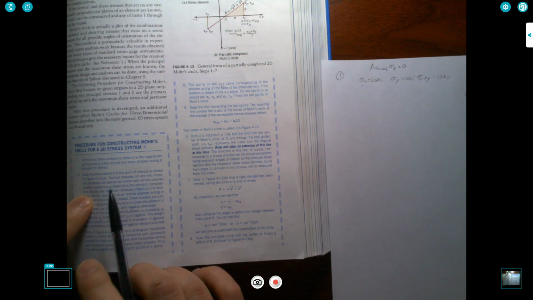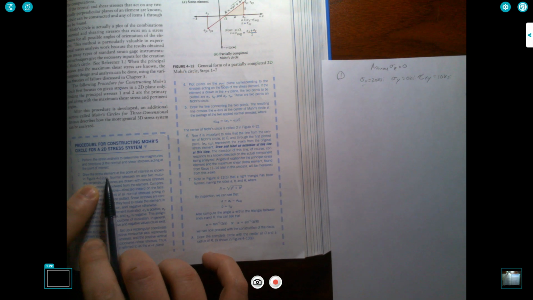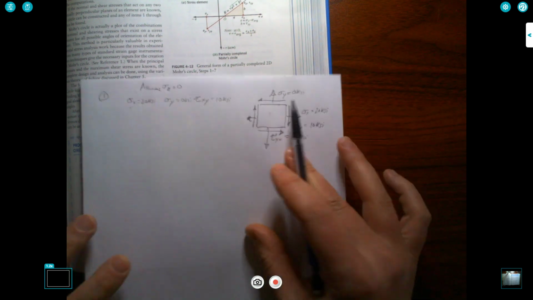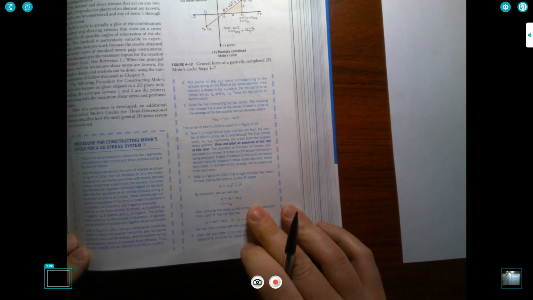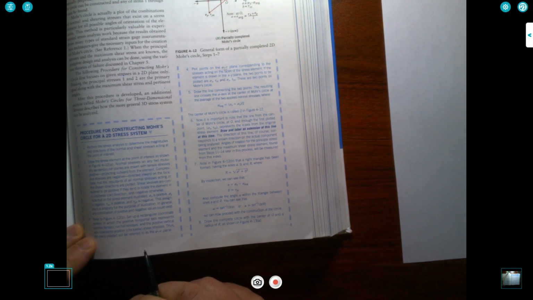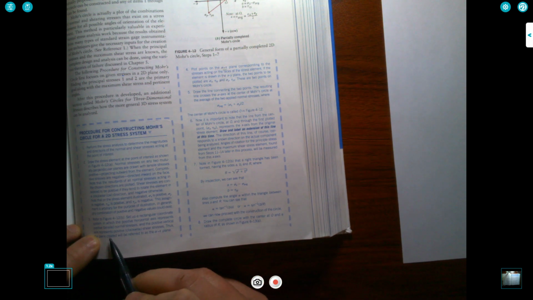Following the problem, we want to draw the shear stress element, and we are done with that, right? So this is really step 2. Step 3, we set up the rectangular coordinate system in which the positive horizontal axis represents positive tensile normal stresses, and the positive vertical axis represents positive clockwise shear stresses.